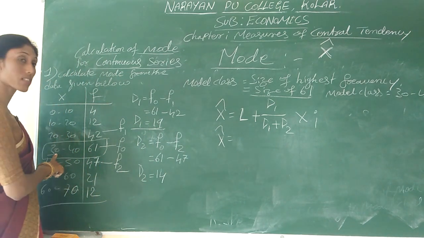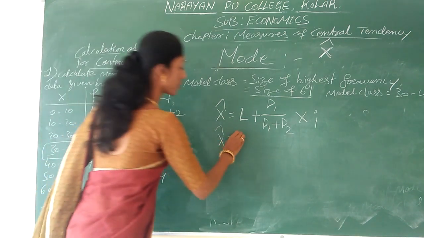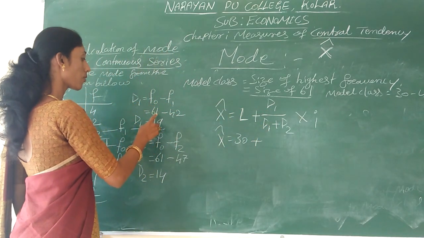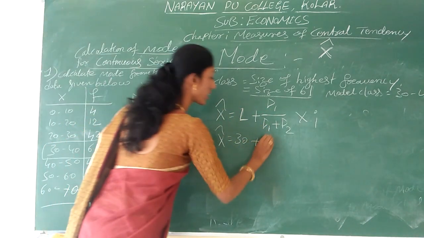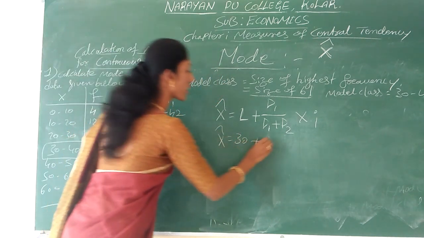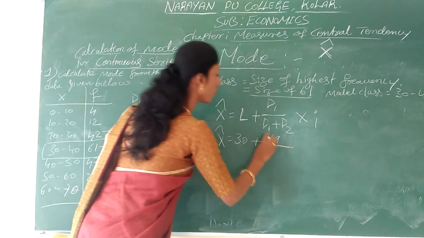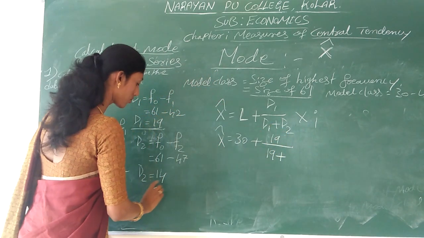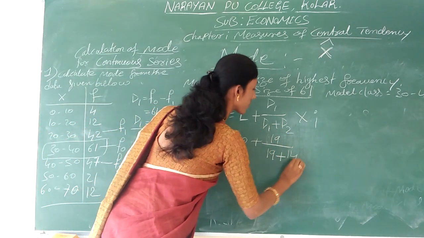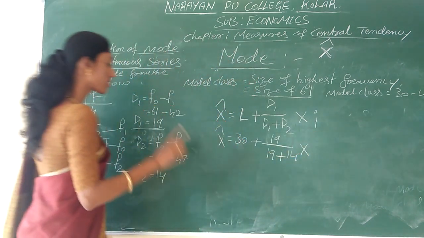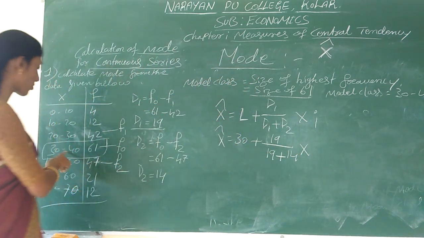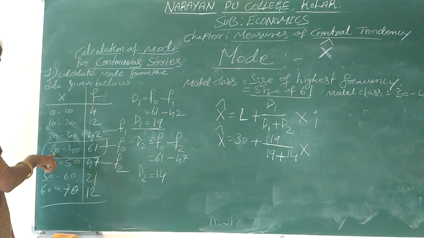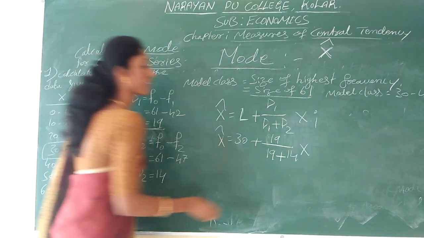What is the lower limit of this class? 30. The D1 value is 19, and D2 is 14. h means size of class interval. Formula is upper class limit minus lower class limit: 40 minus 30, 10.